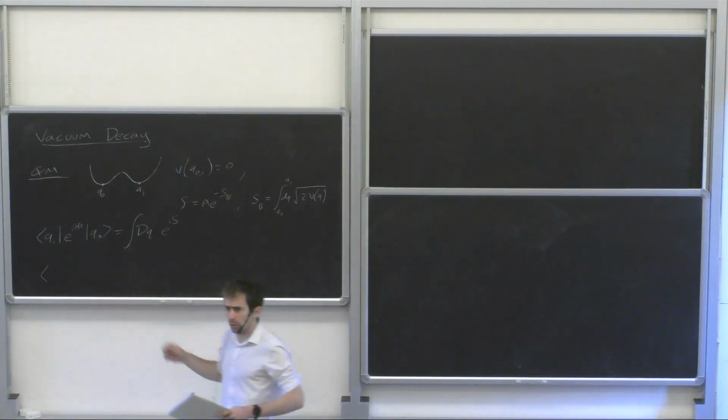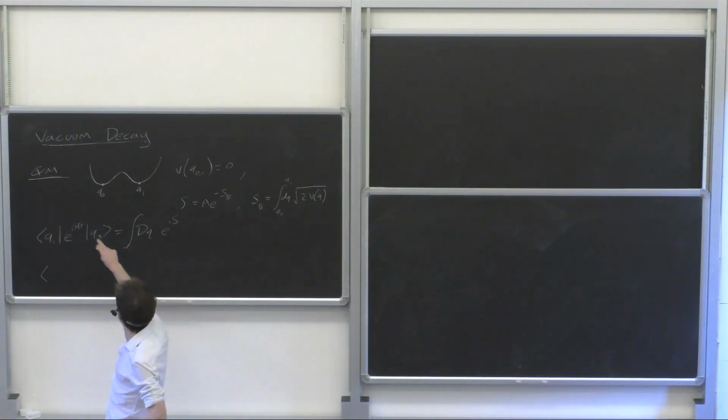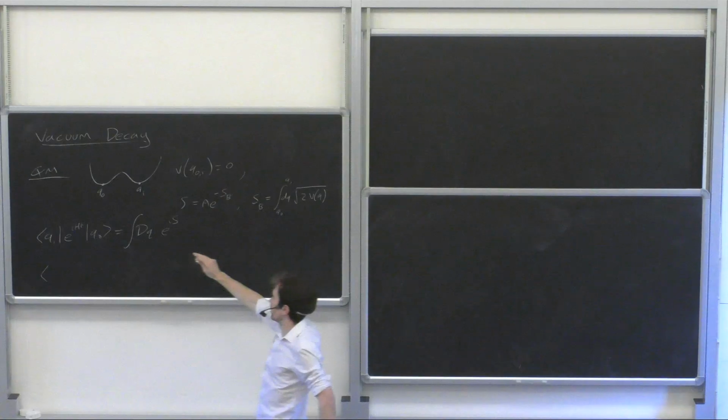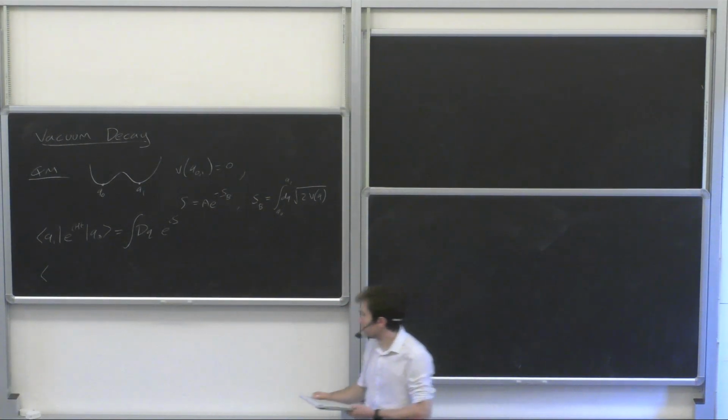But just like in all of the other cases, this isn't particularly useful because there's no classical path that allows the transition between Q0 and Q1. So instead what we do is analytically continue to Euclidean time.